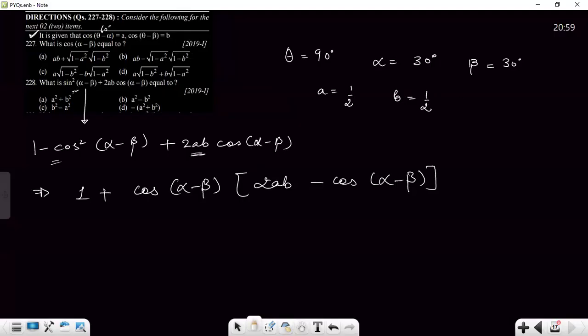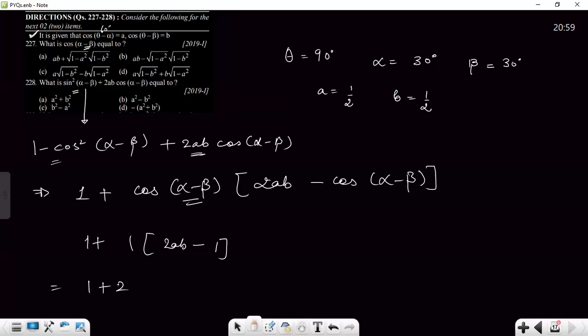What we need to find here is 1 plus cosine of alpha minus beta. Since alpha and beta are equal, cosine of alpha minus beta is cosine of 0, which is 1, times 2ab minus cosine, which is also 1.